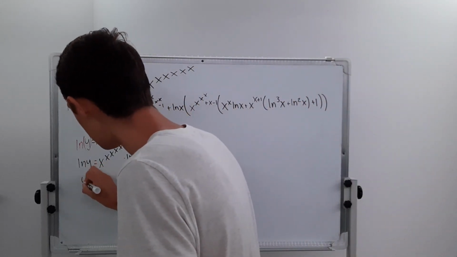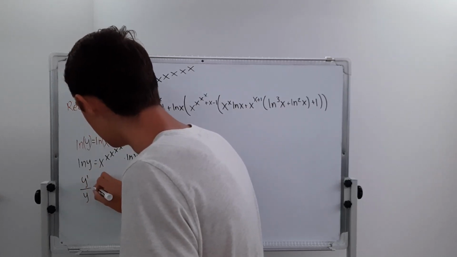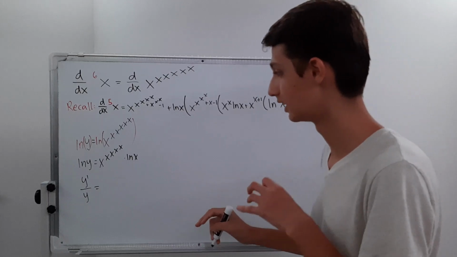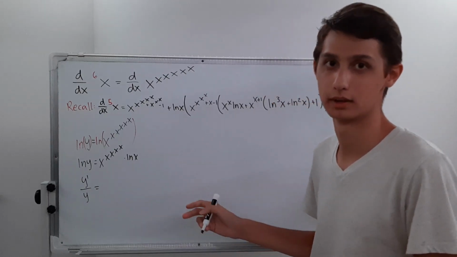This is going to give us y prime over y, and that's going to be equal to, well, we're almost done in terms of steps.